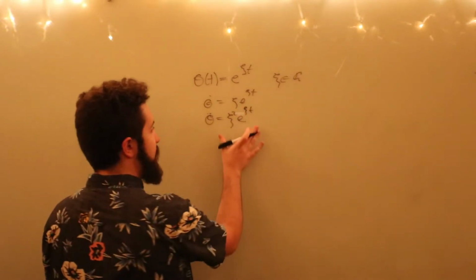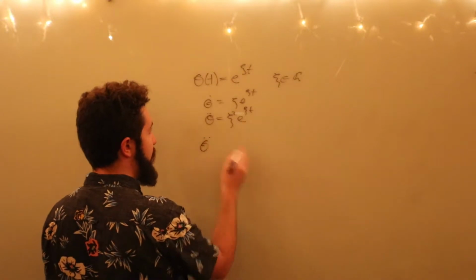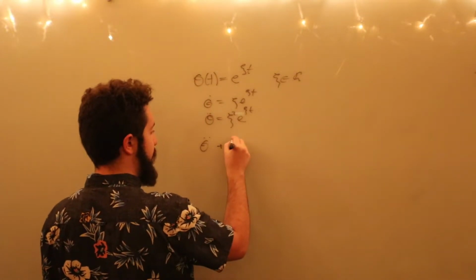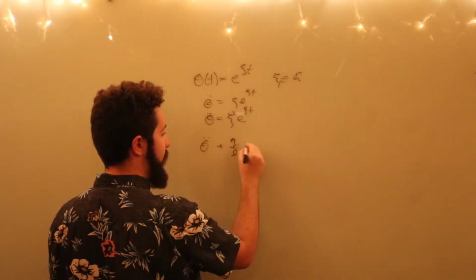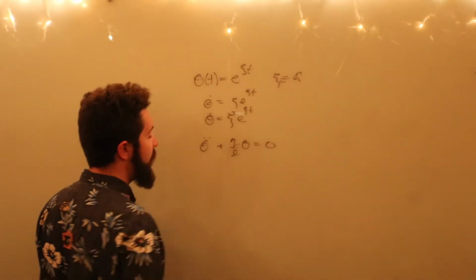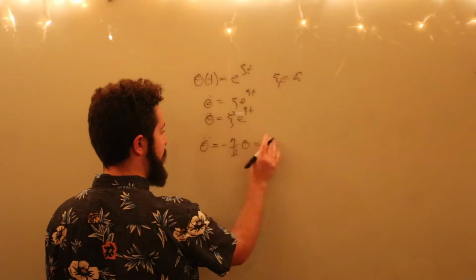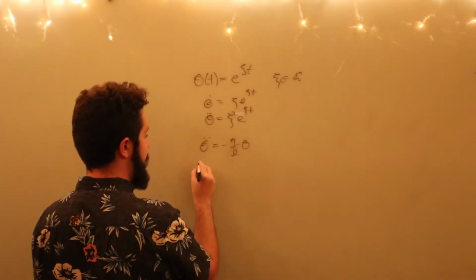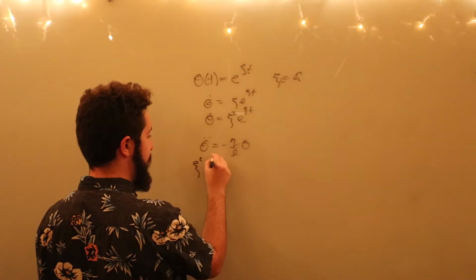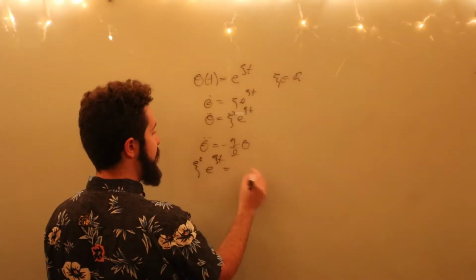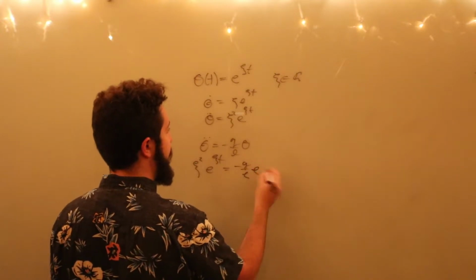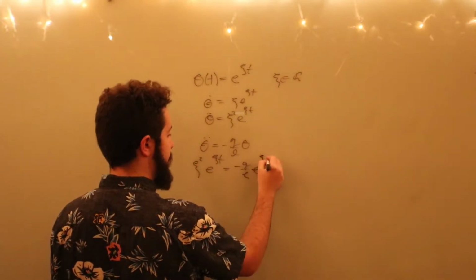All right. So we know that our theta must satisfy theta double dot plus g over L theta equals 0, or theta double dot is equal to negative g over L theta, right? So if we substitute these, we get c squared e to the ct is equal to negative g over L times e to the ct.